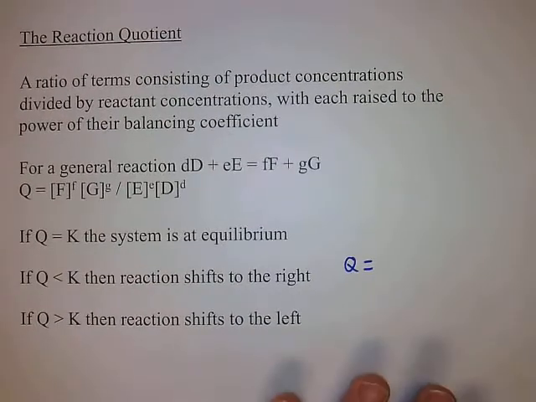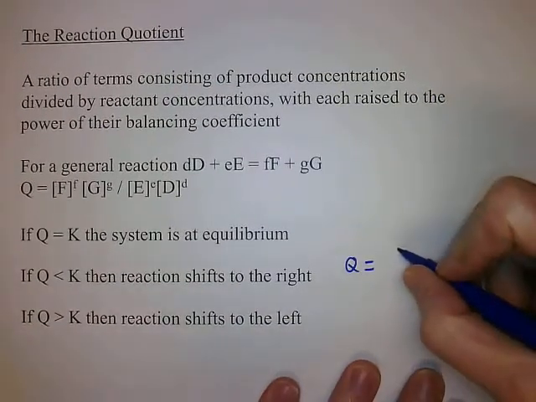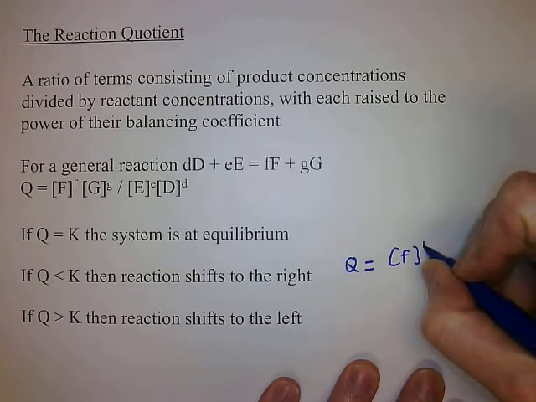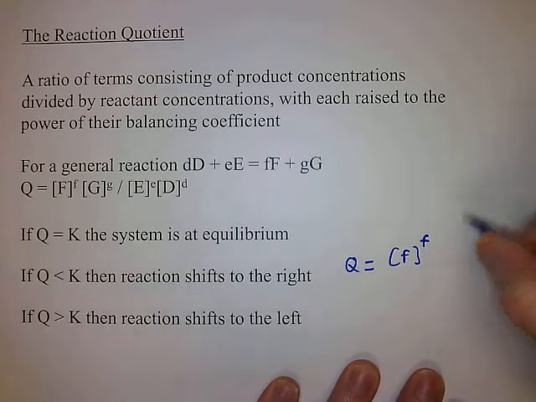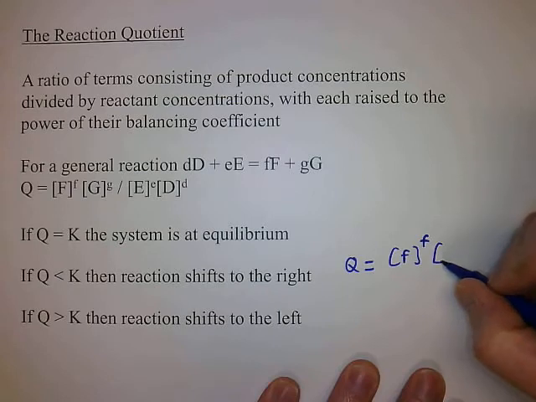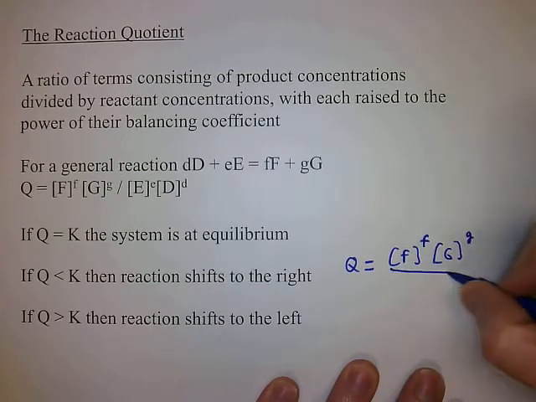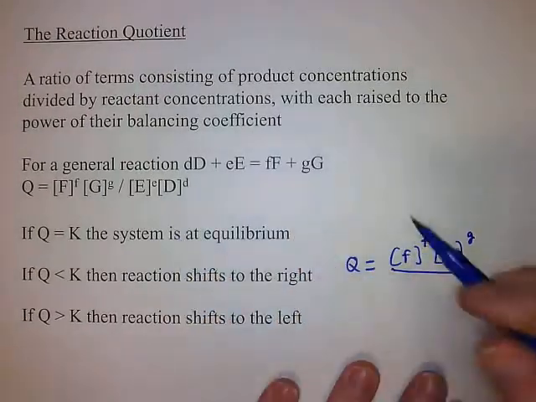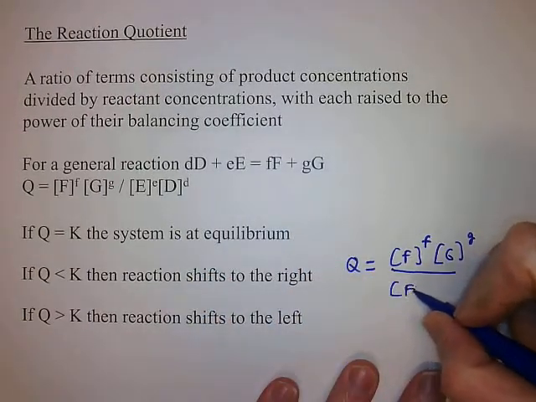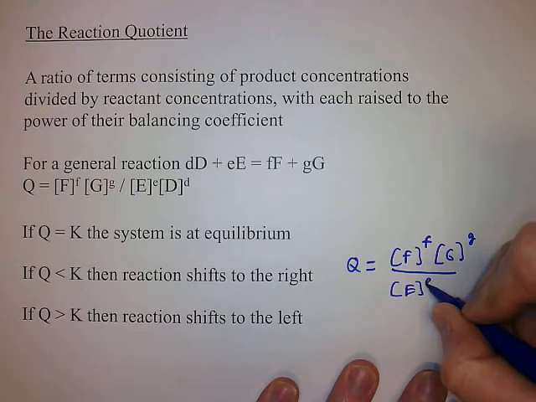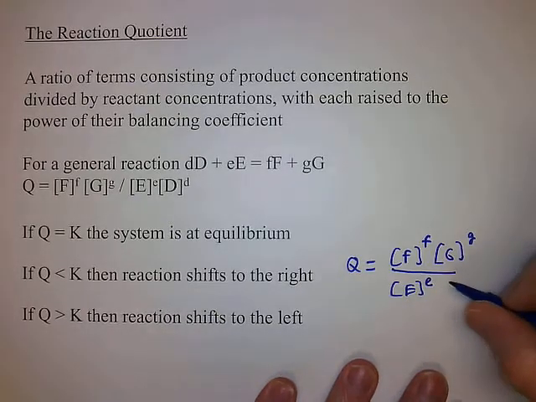So Q is the concentration of F raised to the f power times the concentration of G raised to the g power, divided by the concentration of E to the lowercase e power times the concentration of D to the lowercase d power.